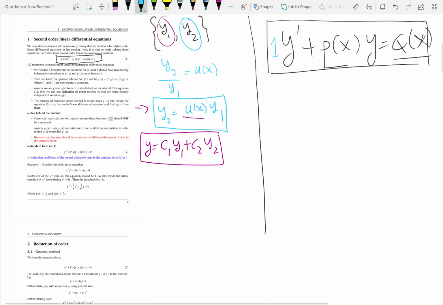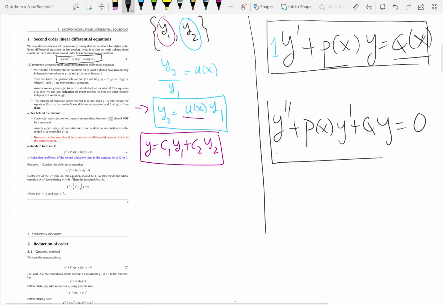But now we are dealing with second order linear differential equations. What is the standard form for a second order linear differential equation? Let me write down y double prime plus p times y prime plus q times y, and let's say it's homogeneous, equal to 0. This is the standard form. Look at the difference. Look at where p is and write it down in your notes.